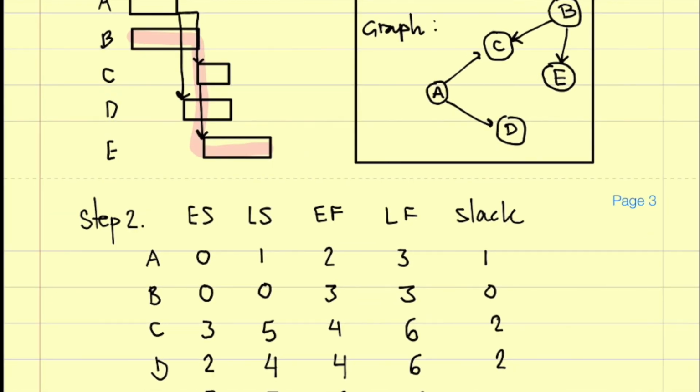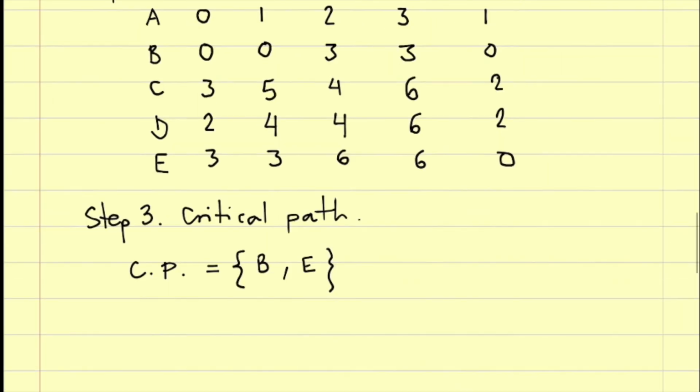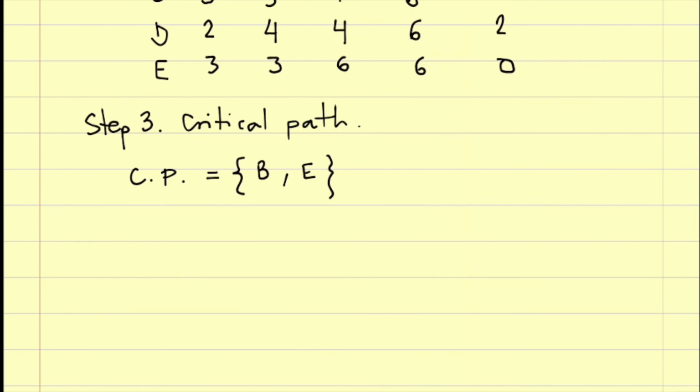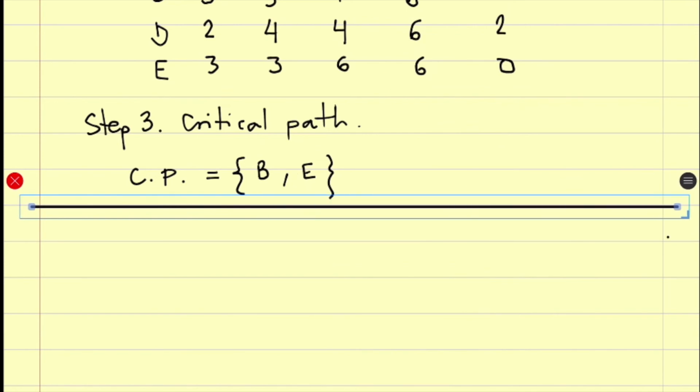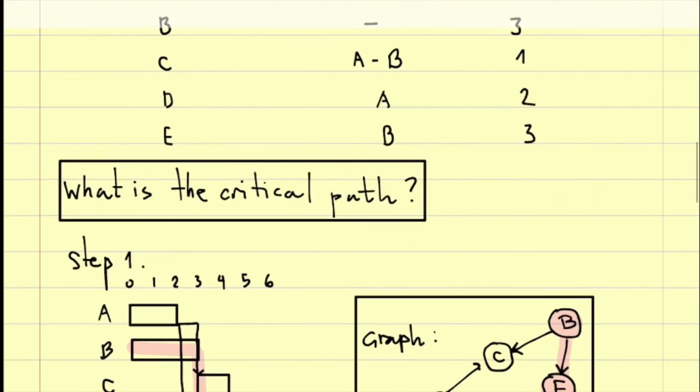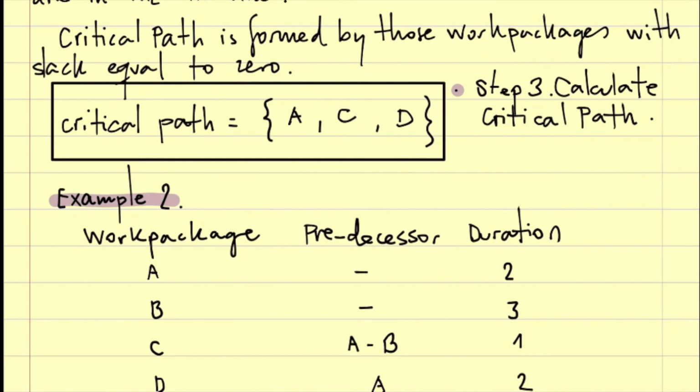Well, then we painted critical path B and E. Okay. So, does it make sense?